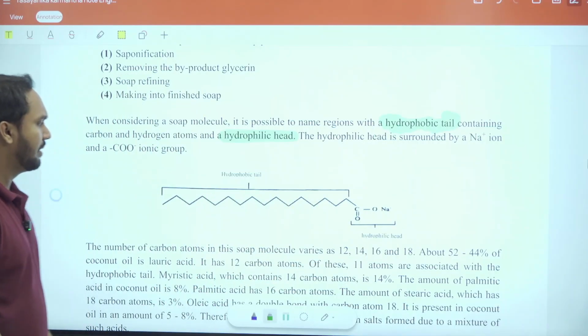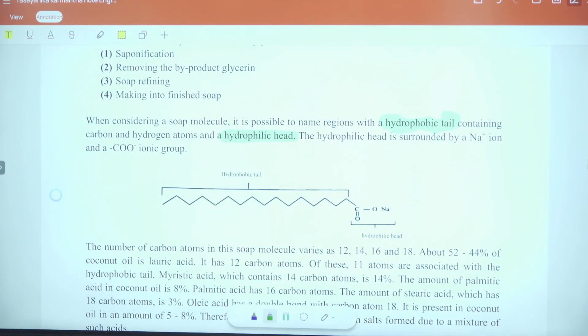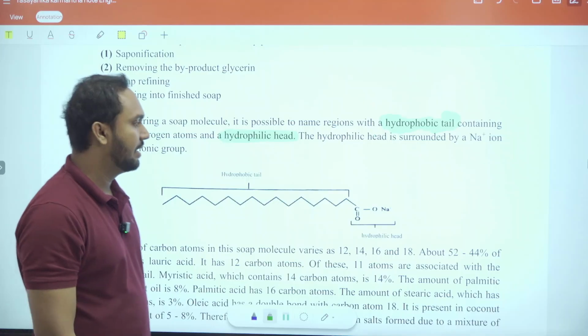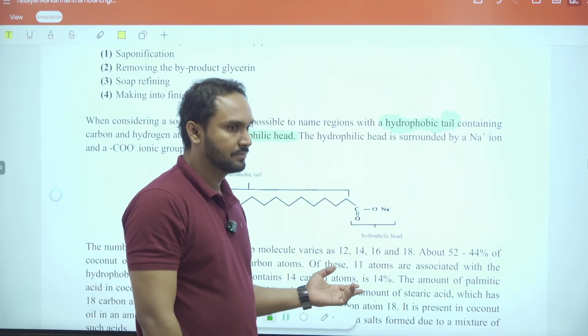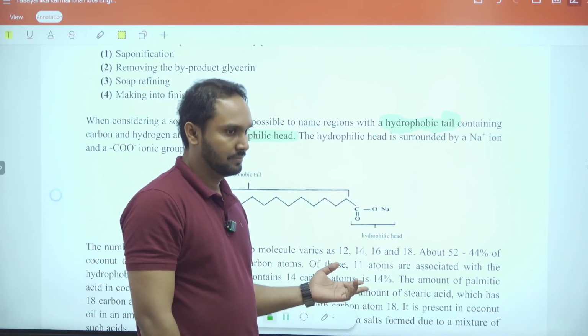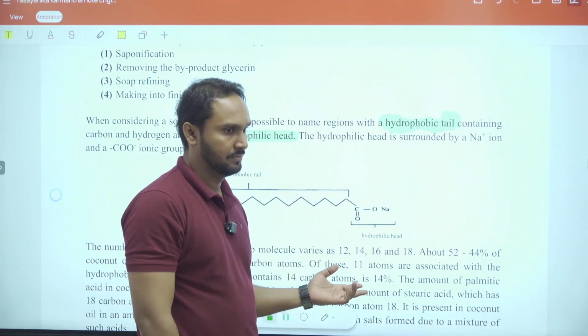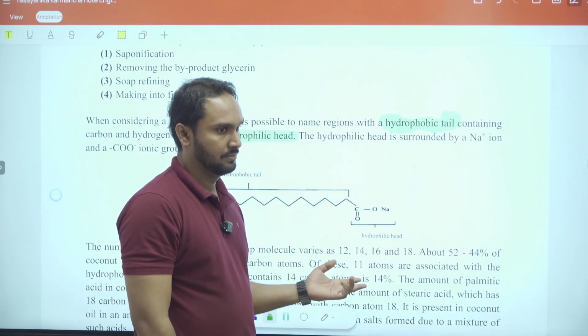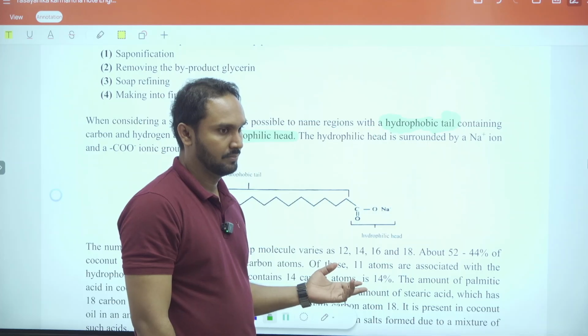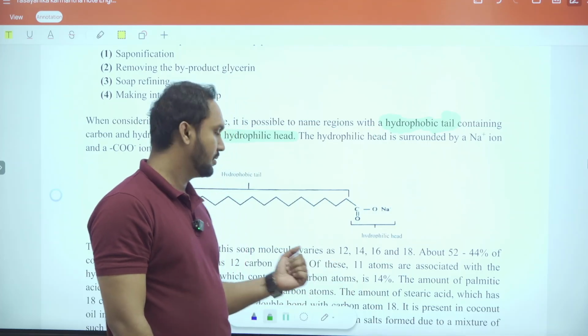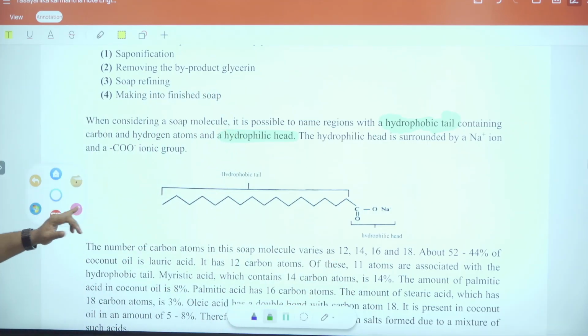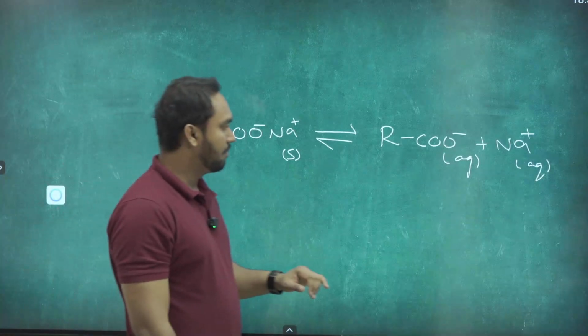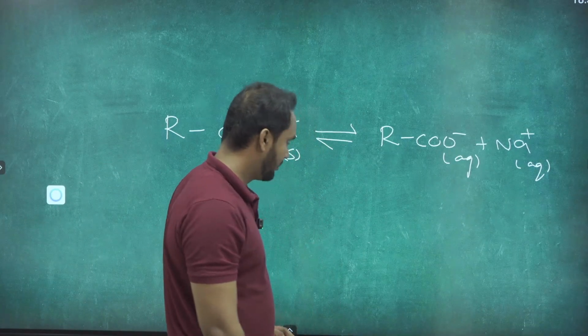Why is it important to have two regions, the hydrophobic tail and the hydrophilic head? Two things are happening. When you are applying soap in the bathroom, what happens?